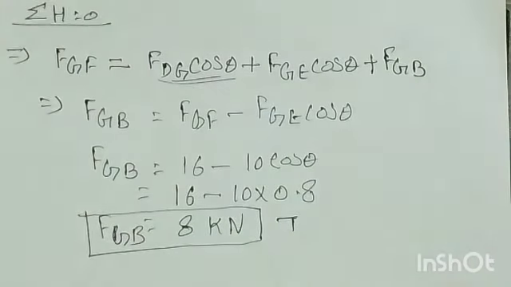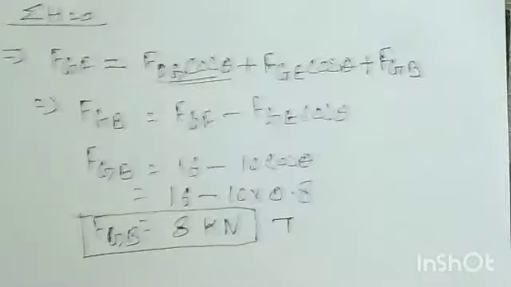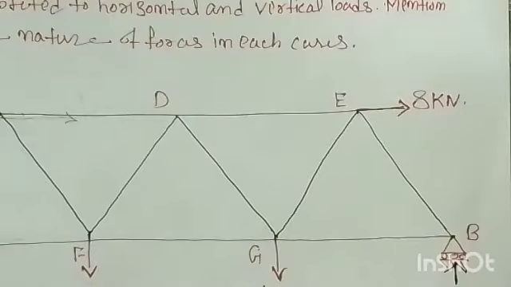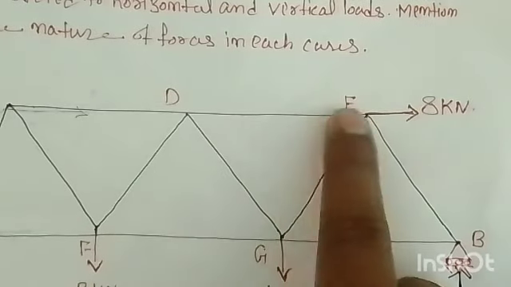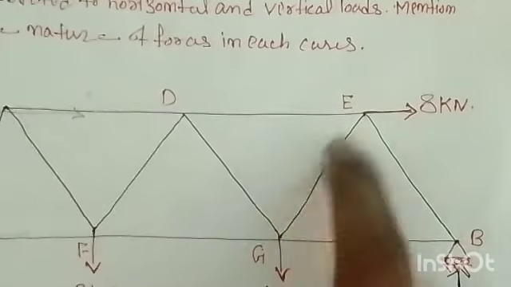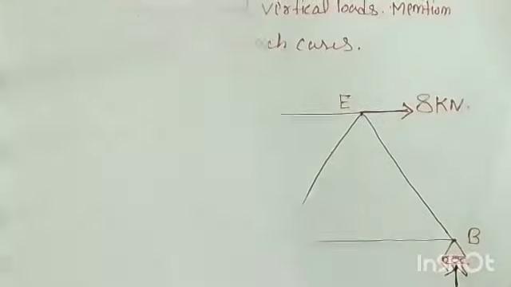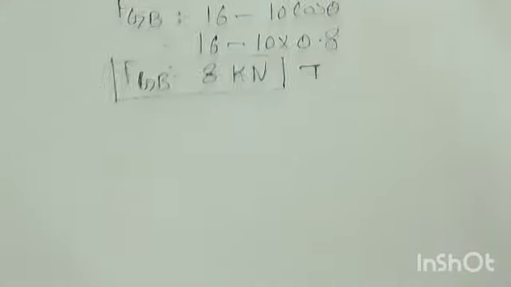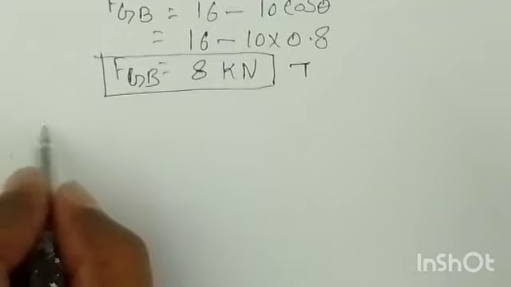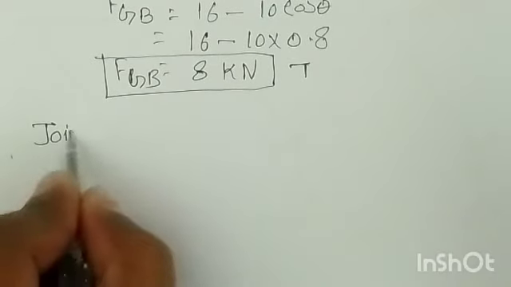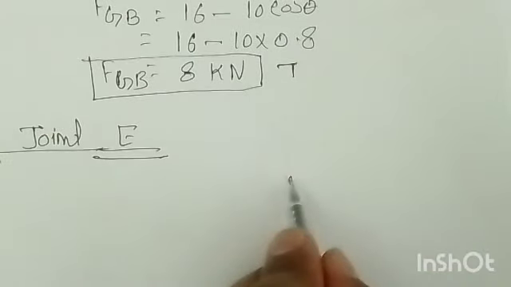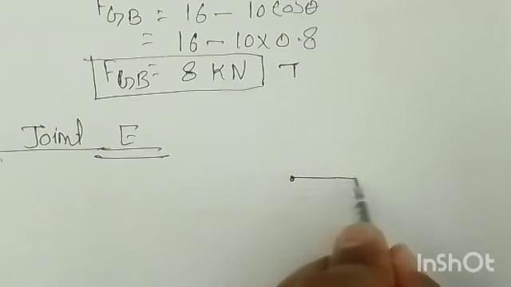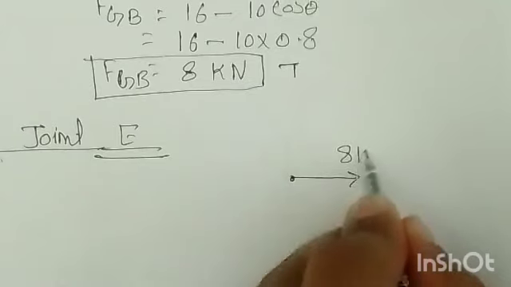Now the last joint we will use, that is E. So the horizontal force like this is compressive, and this is tensile, and this will be compressive. So the last joint is E. E is here, and 8 kilonewton of force is given in the question.